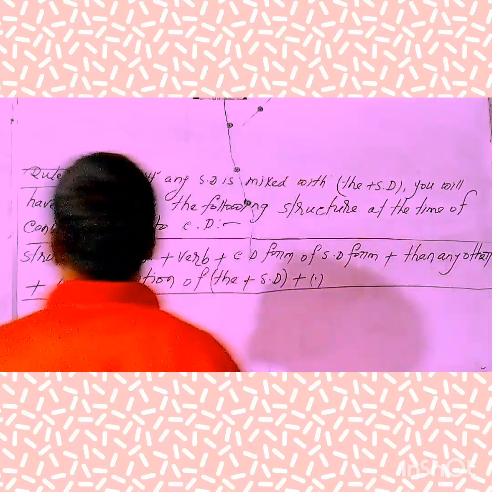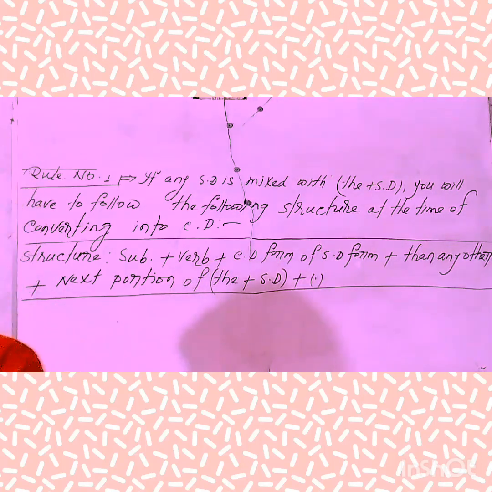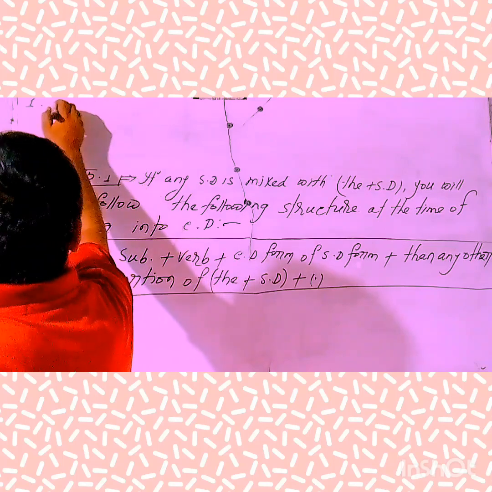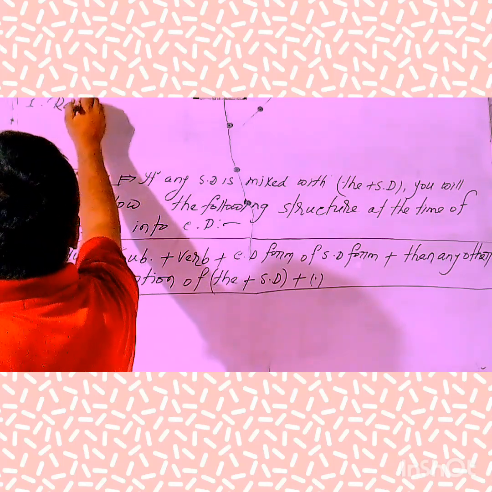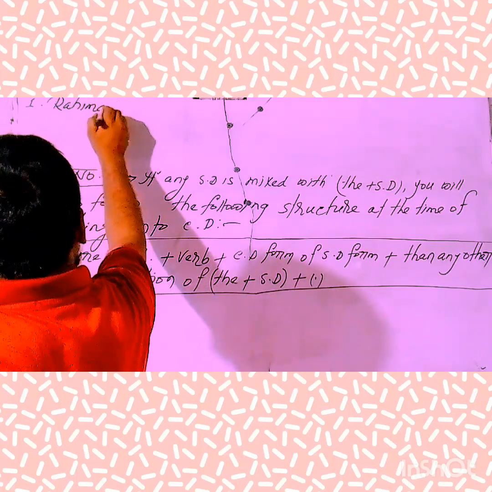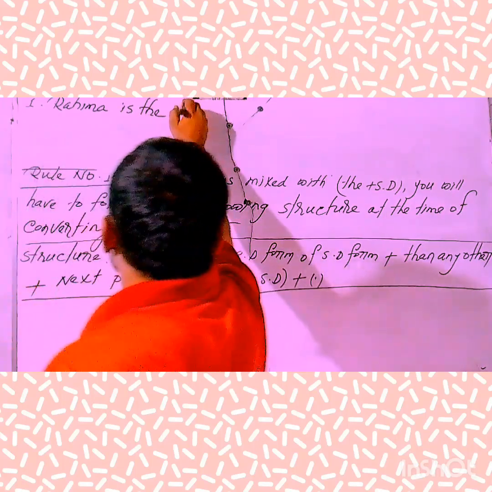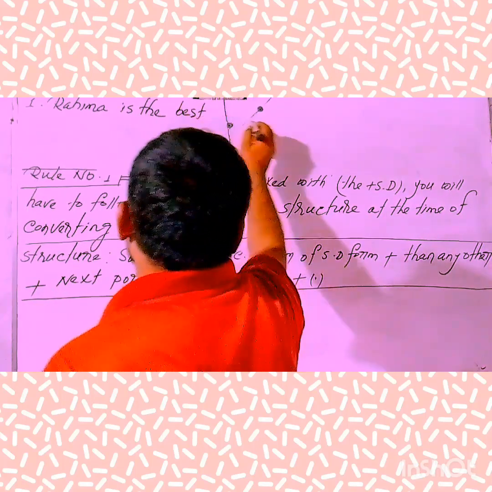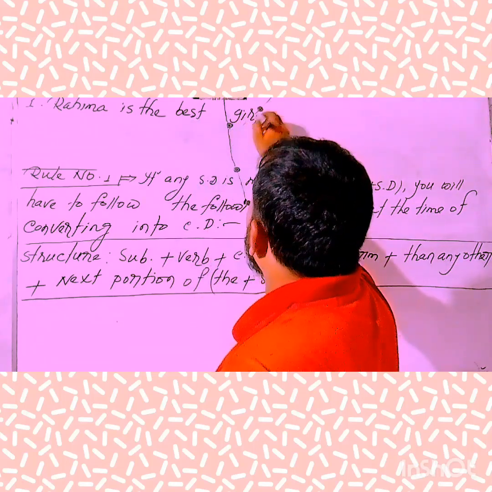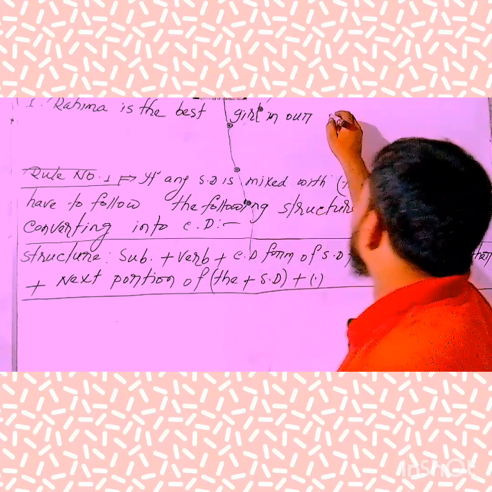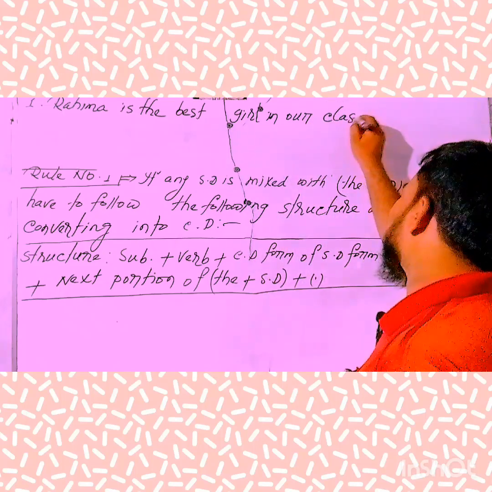I am going to give you some examples to remove the complexity regarding this rule. Example number one: Rohima is the best girl in our class.